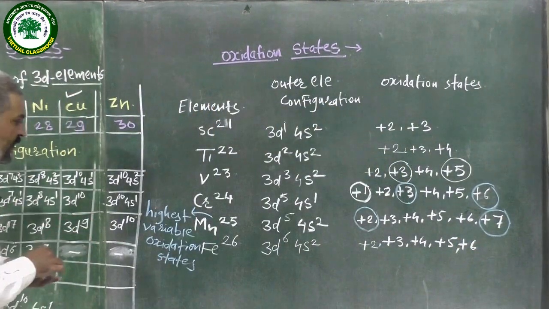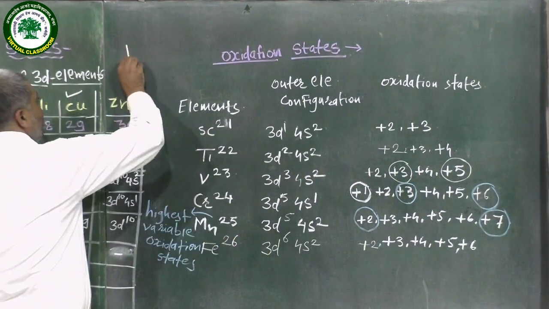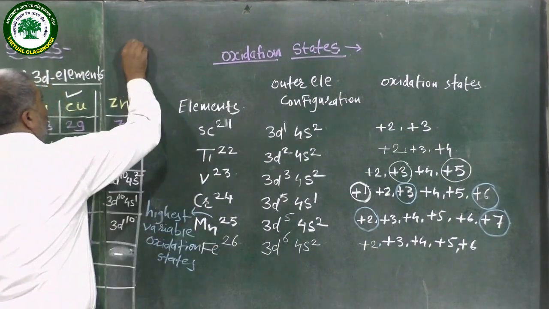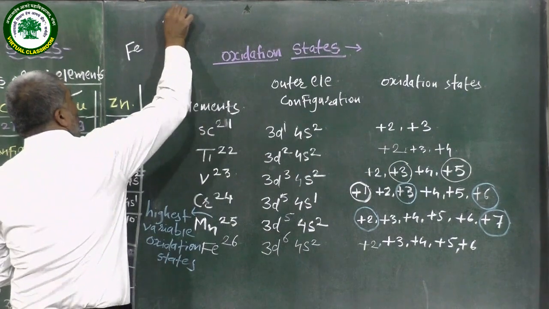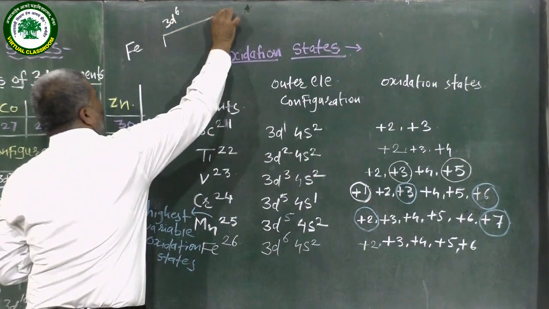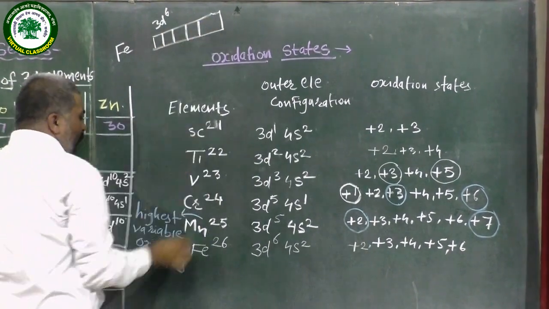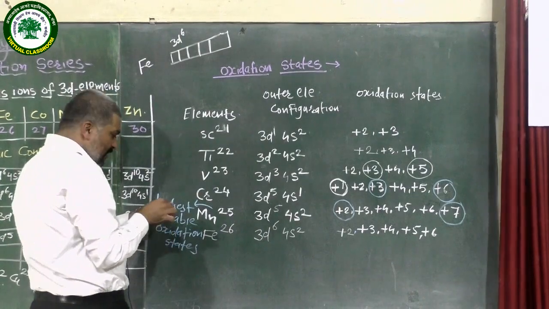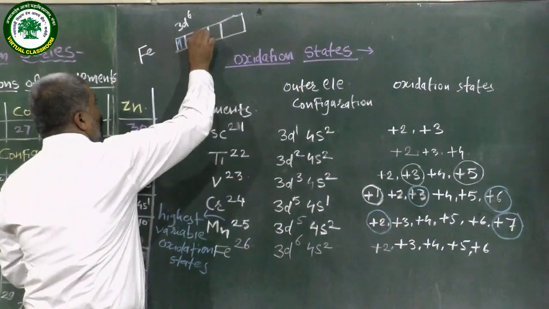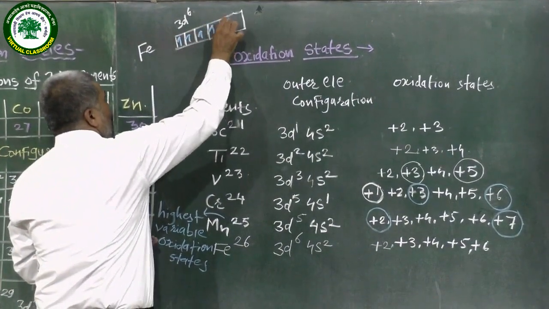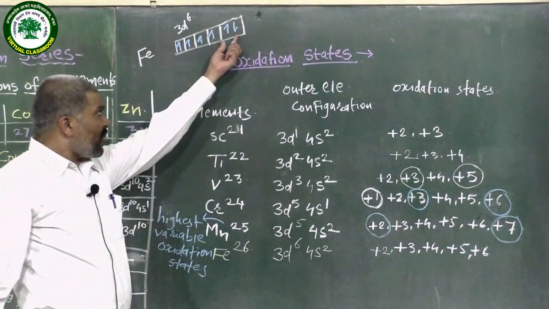Why? Let us see here. In case of Fe, the electronic configuration is 3d6, and we know that the d subshell has 5 orbitals, 1, 2, 3, 4 and 5. How many electrons are there? 6 electrons are there, 1, 2, 3, 4, 5 and 6.